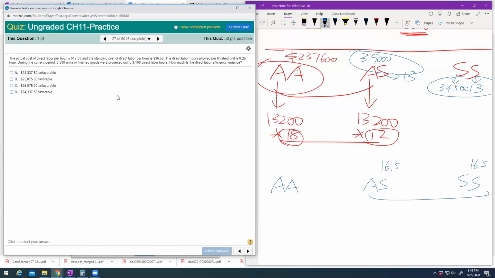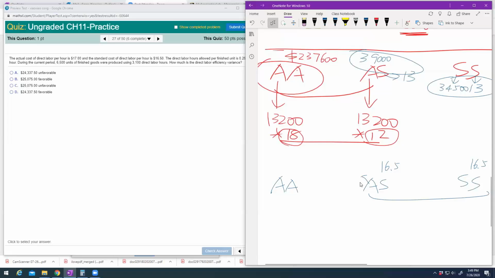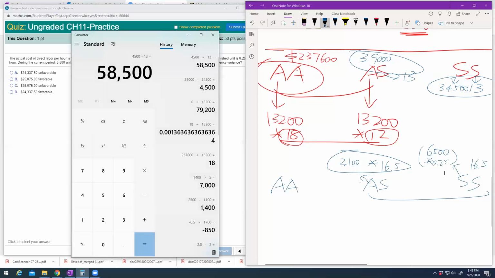We actually used 3,100 hours, but the standard said we actually produced 6,500 units, and each unit we should use 0.25 hour. So based on the standard, even though it's a standard, we still use the actual output.